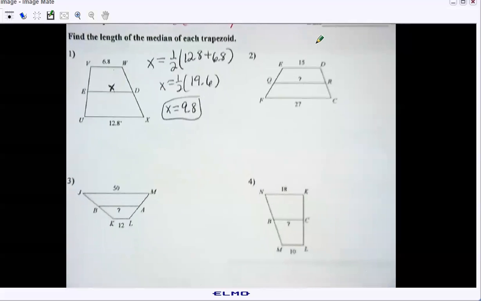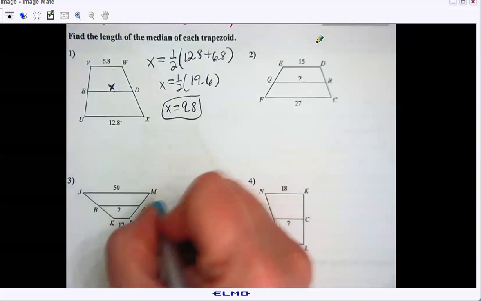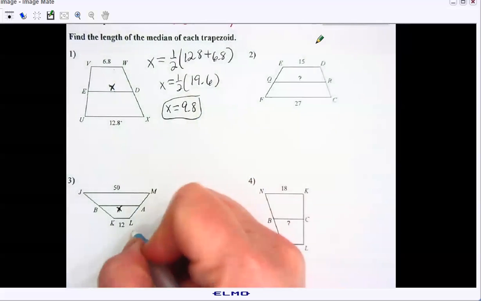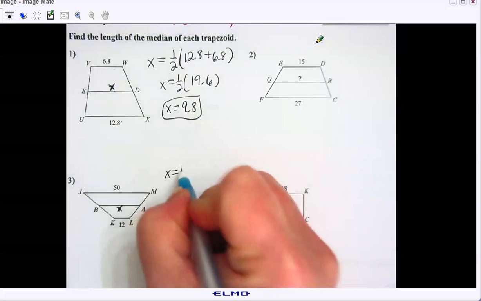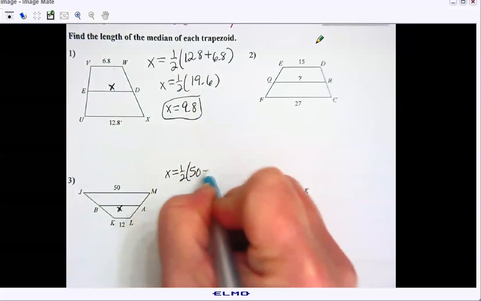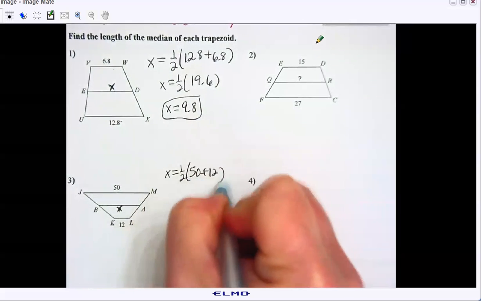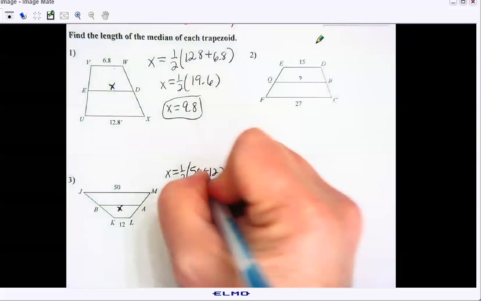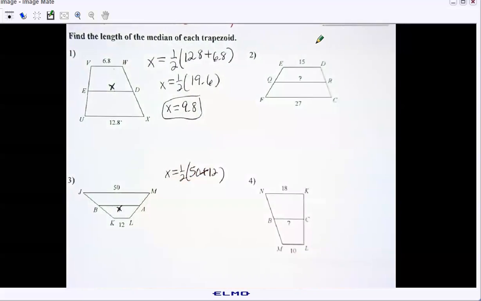So number 3, the nicer numbers. Okay. So again, this is my M. We just said it goes on the left. So X is equal to 1/2, 50 plus 12. Okay. Notice that there's no X's in here. And so we can actually just add them together, like order of operations.